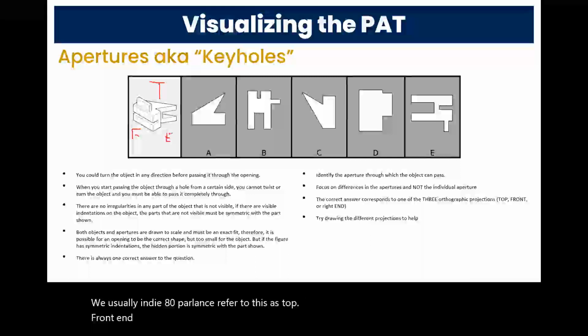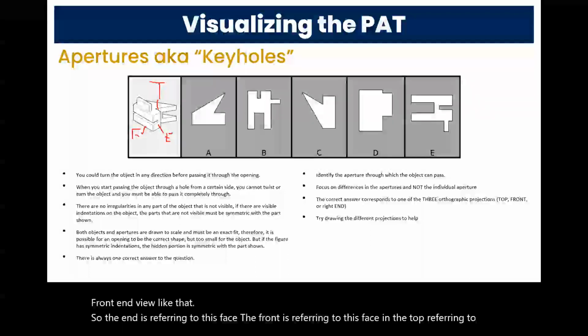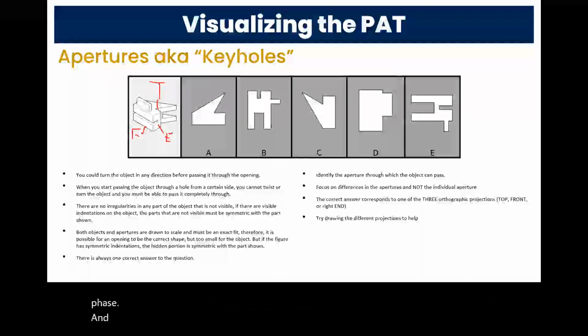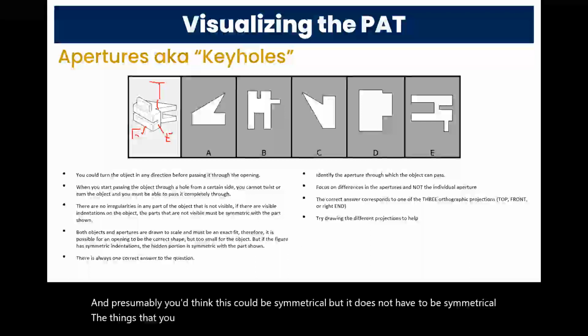So the end is referring to this face, the front is referring to this face, and the top is referring to this face. And presumably, you'd think this could be symmetrical, but it does not have to be symmetrical. The things that you don't see do not actually have to be symmetrical to the things that you do see. So that's one of the things you want to remember about these things.